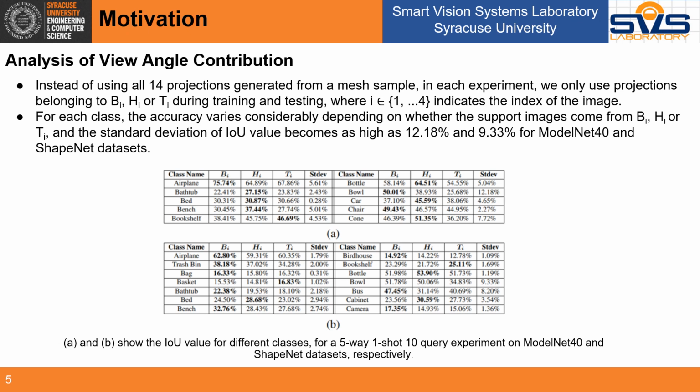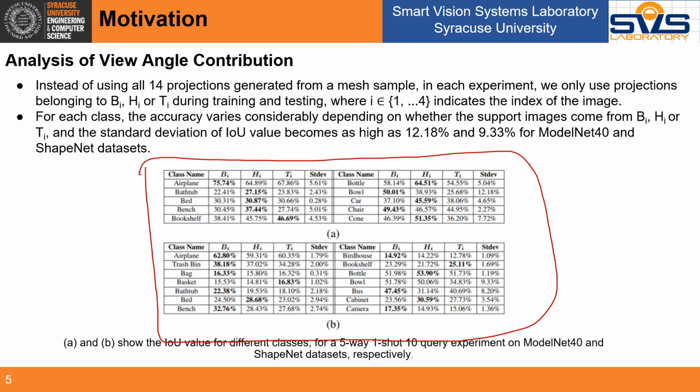In this section, we performed an experiment to study the view angle contribution to the final performance. Instead of using all 14 projections generated from a mesh sample, in each experiment, we only use projections belonging to either the horizontal, bottom, or top view during training and testing. Here, we show the experiment results on ModelNet40 and ShapeNet with the IoU value.